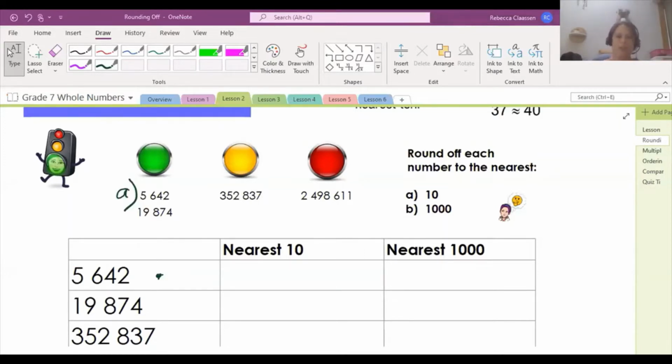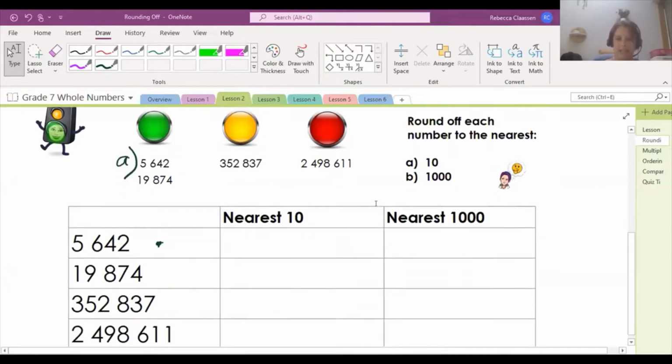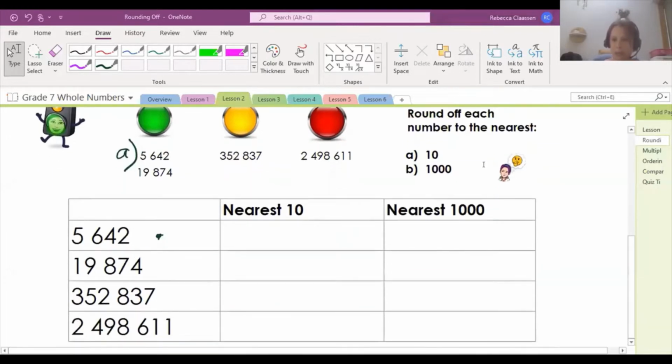Okay. The nearest 10. Let's see, who am I going to pick on tonight? Ewan. Ewan, can you round off 5,642 to the nearest 10 for us, please? You're going to need to unmute, Ewan.